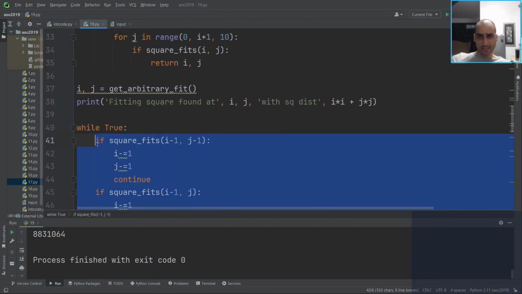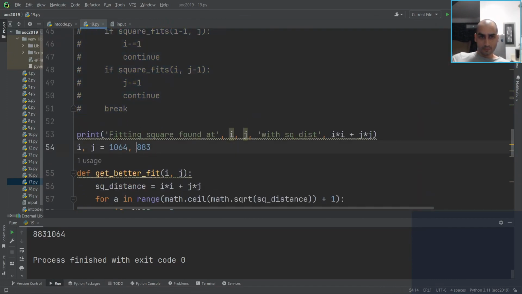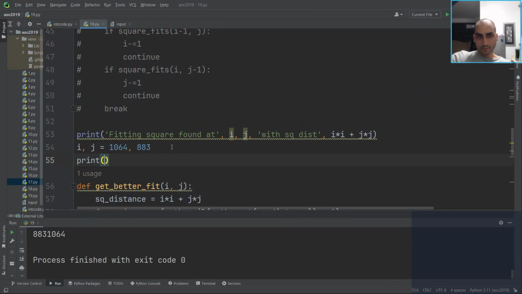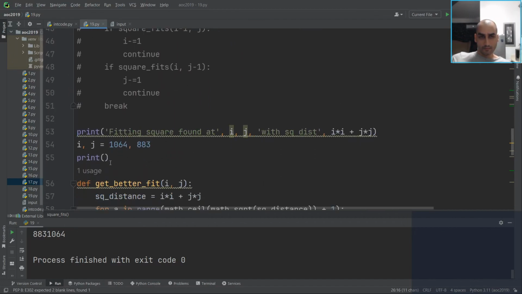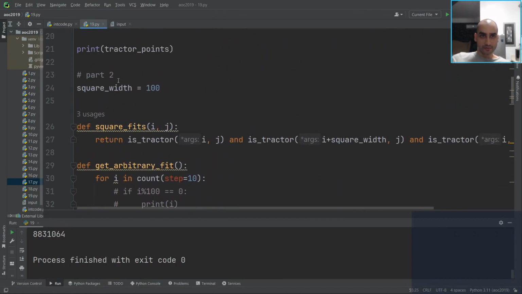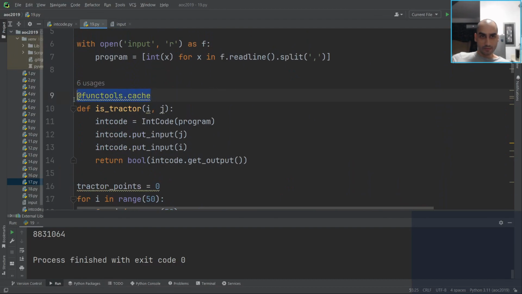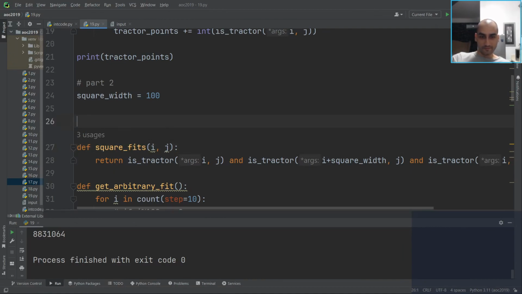Okay, just comment out this for now. Square fits. Should be true. If it's false, then we got an issue here. Also, why don't we also memorize this one as well? Can't hurt, right?